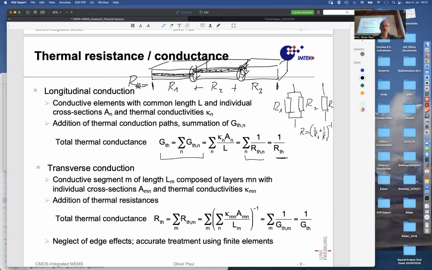So the thermal resistance of one of those materials can now be considered as a parallel conduction of different materials. Can't it? So what we just developed applies to it. The resistance is equal to 1 over the sum of the inverse resistances. What is written here, you find here for each individual resistance.